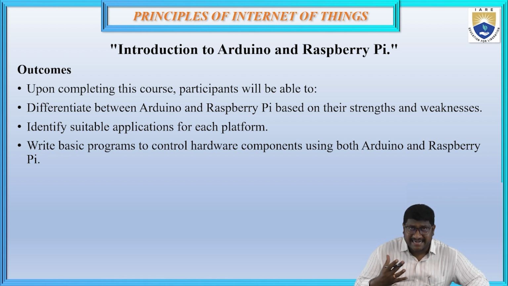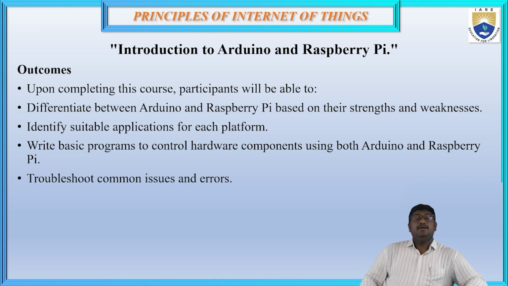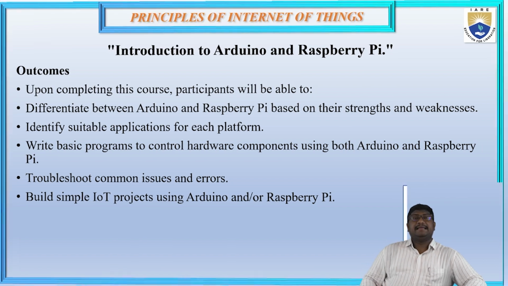We are able to write programs to control hardware components using both Raspberry Pi and Arduino, and to troubleshoot errors and issues that are raised. We are able to build simple IoT projects using these two components, Arduino and Raspberry Pi Kit.